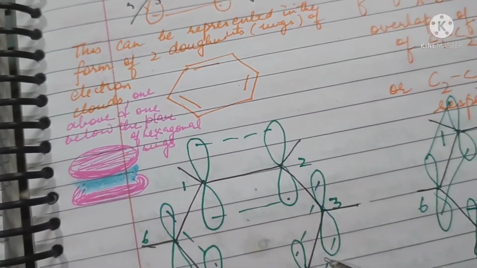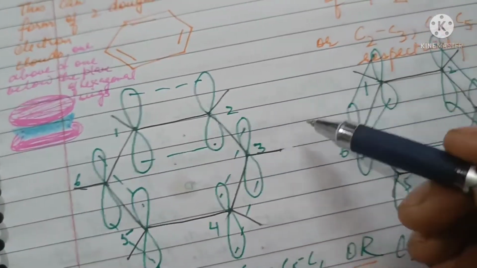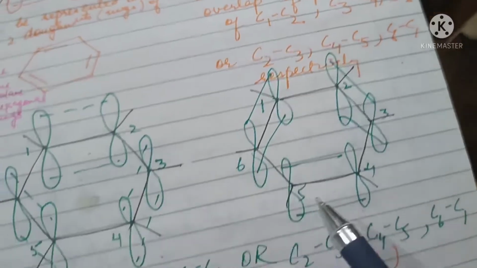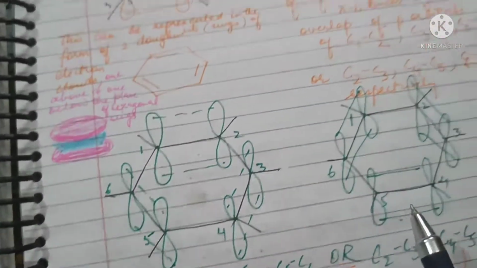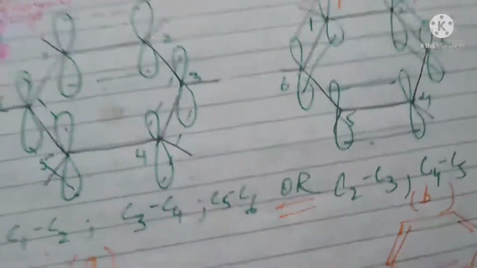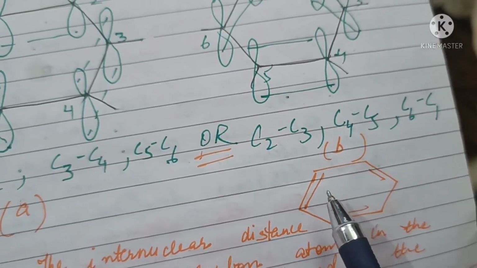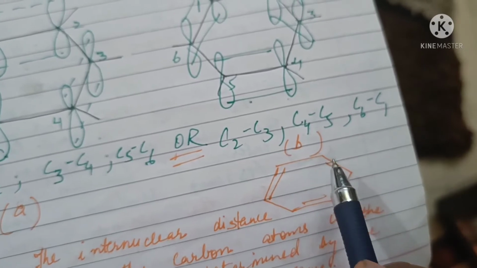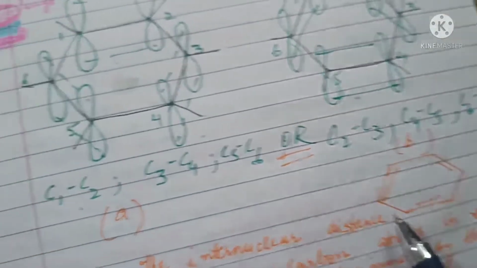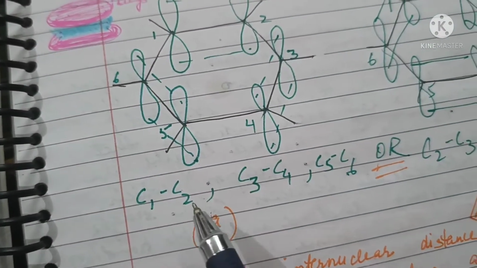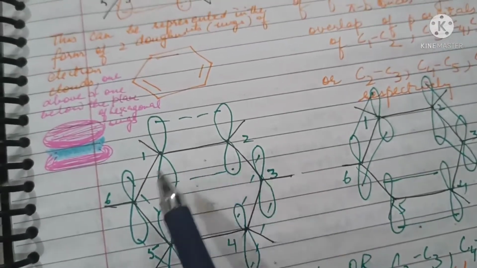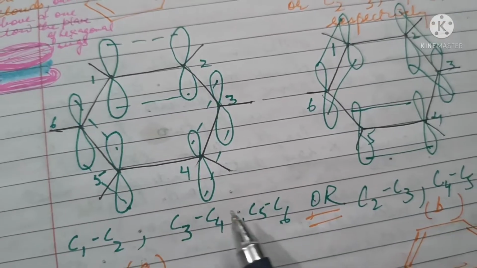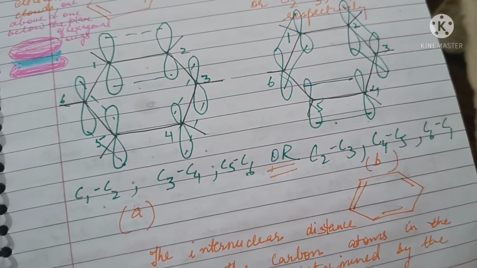On the other hand, if instead of 1 and 2, 2 and 3 are forming a bond, and then 4 and 5 and then 6 and 1, then we can represent this structure with this diagram. So double bonds are either present between 1 and 6, 2 and 3, and 4 and 5, or between 1 and 2, 3 and 4, and 5 and 6. So these are the 2 possibilities, and the 2 possibilities are equally likely.